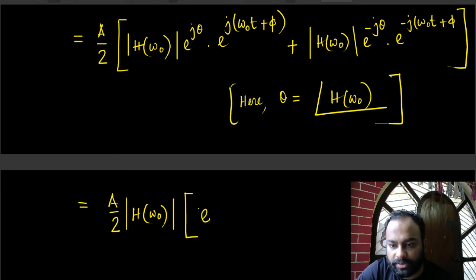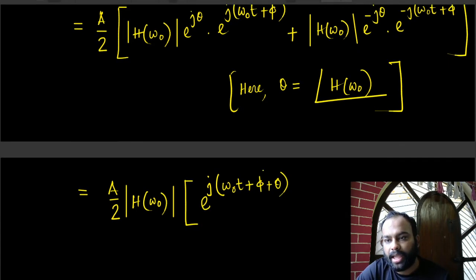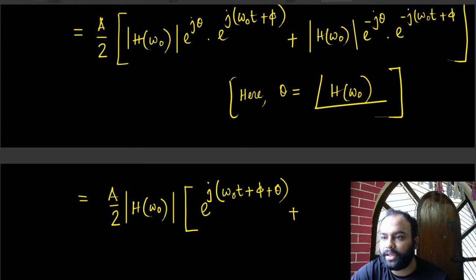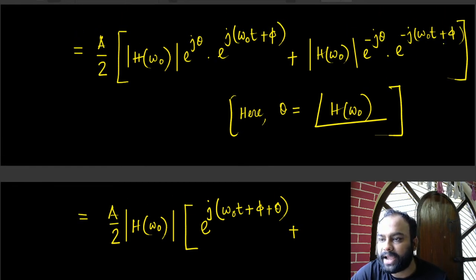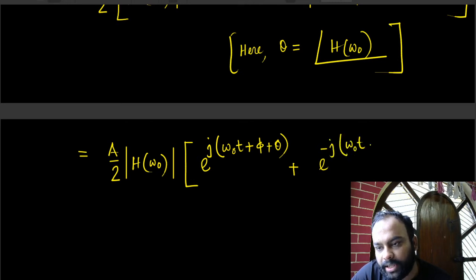Same thing here, look very carefully, of course I missed a bracket, I have plus e to the power minus j (omega naught t plus phi plus theta).